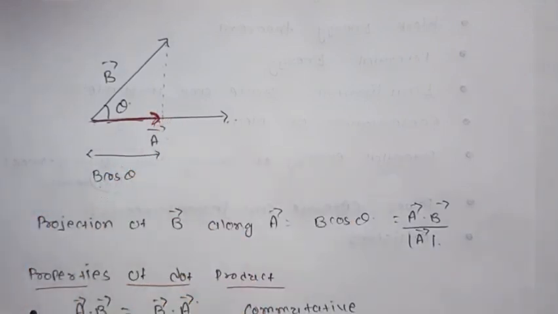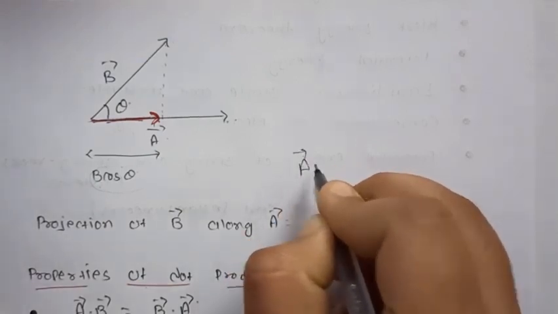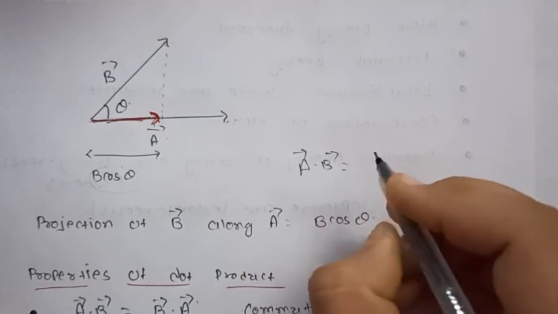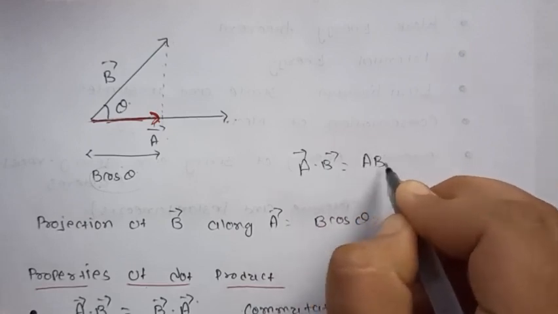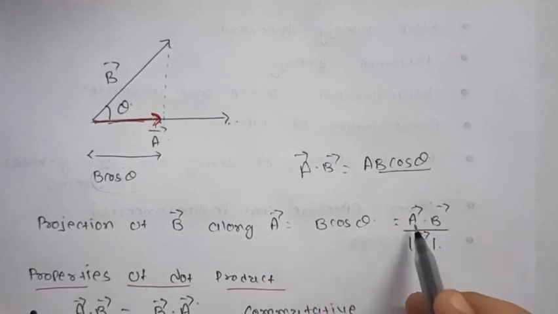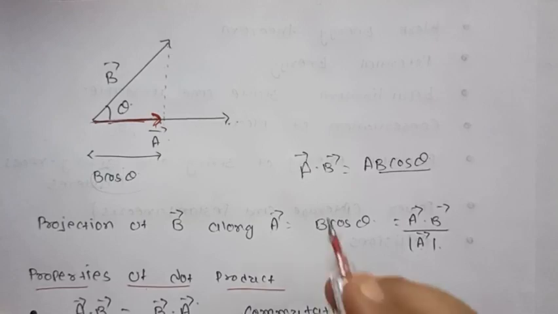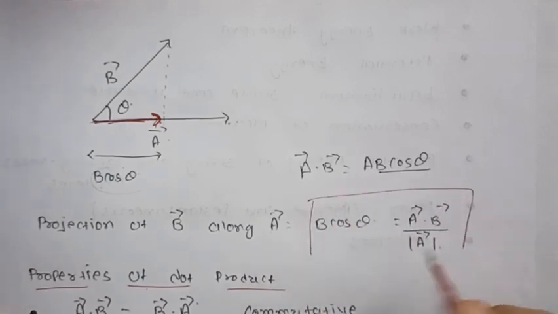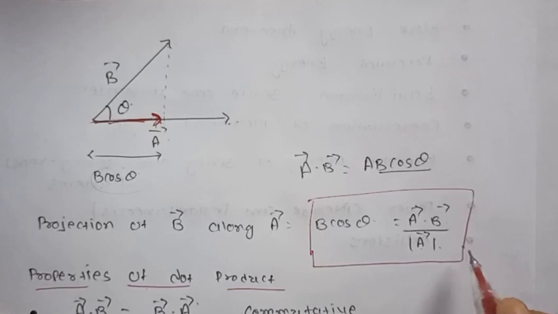From the definition of dot product, A dot B is equal to AB cos theta. From this, B cos theta can be written as A dot B upon A. So B cos theta is called the projection of B along A.